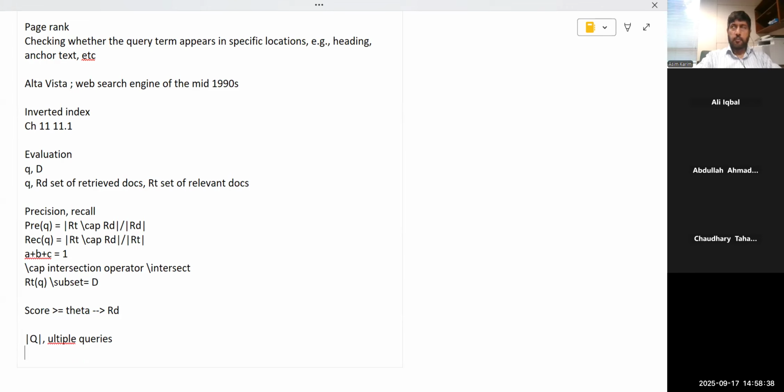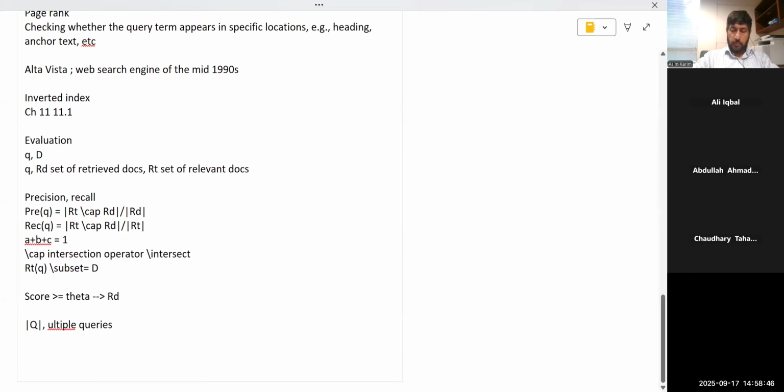So we like to average the performance over multiple queries. So usually for precision recall, what would happen? So हमने precision भी प्लॉट करनी है, हमने रिकॉल भी प्लॉट करनी है हर वैल्यूज की.